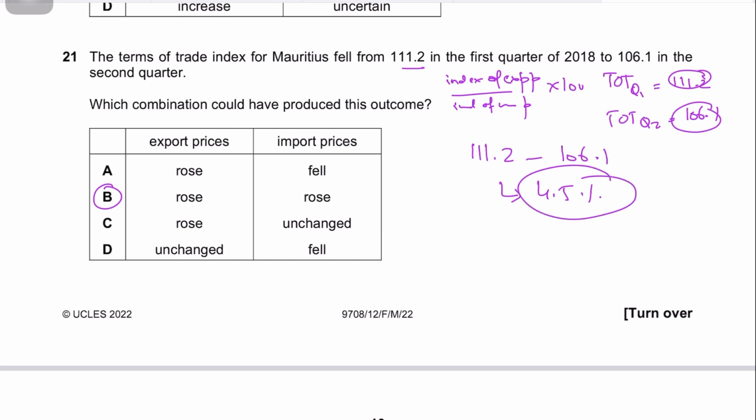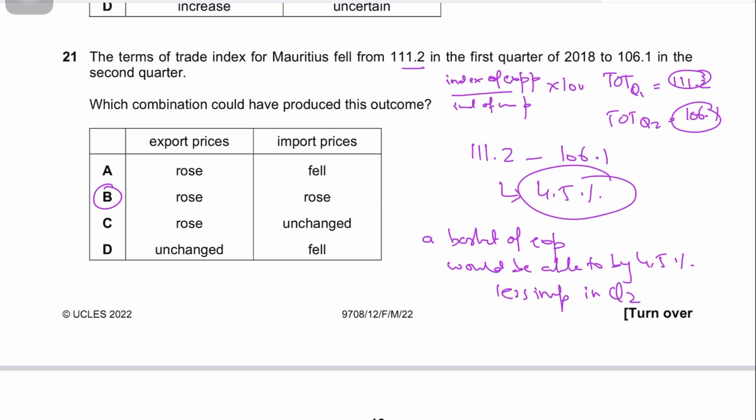So what do I mean by that? It means that now a basket of exports would be able to buy 4.5% less imports in quarter two, right? Because TOT in quarter two has gone down. So a basket of exports would be able to buy 4.5% less imports in quarter two, as compared to quarter one.